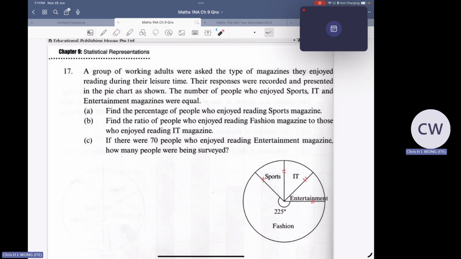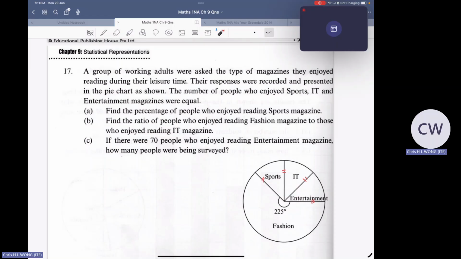So the first thing we're going to do is find the percentage of sports, IT, and entertainment. You're supposed to find the percentage of people who enjoy reading sports, not degree, they want percentage. So how are you going to convert?